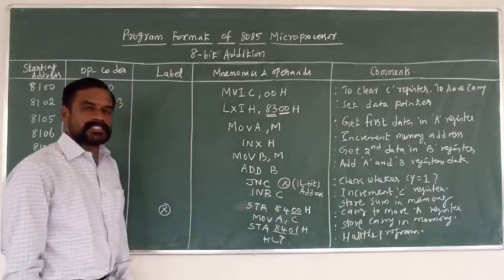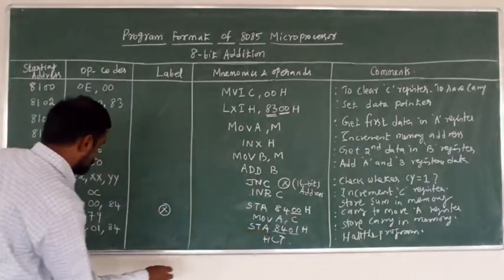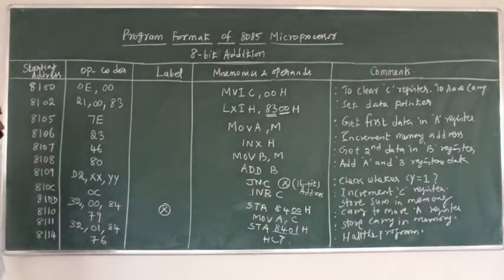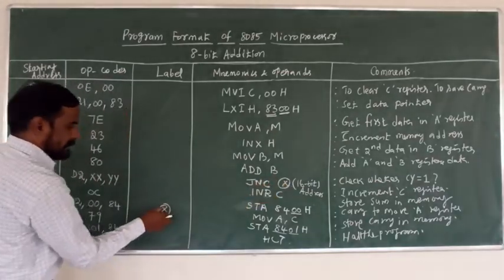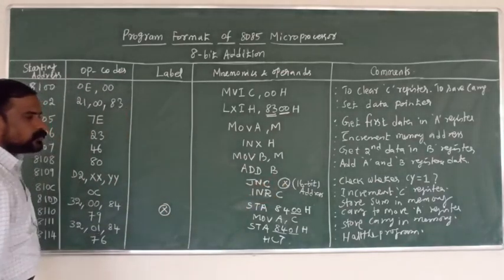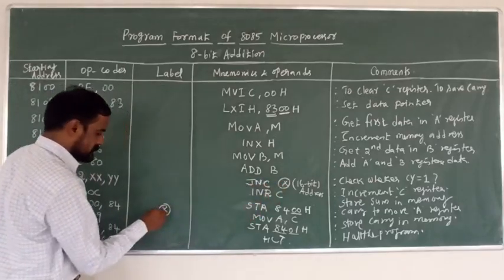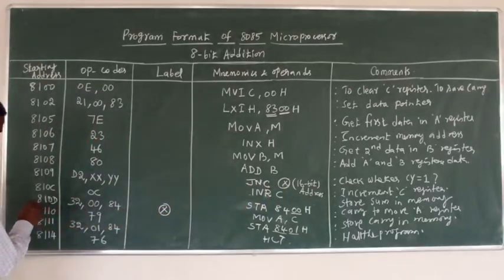HLT. This is a single byte instruction, only opcode. The corresponding opcode is 76. Okay. Now, what will be the address for the jump location? If the condition is satisfied, jump to this address. The address is 810D.